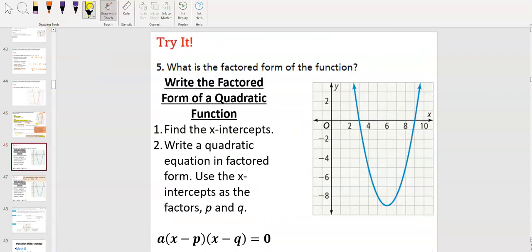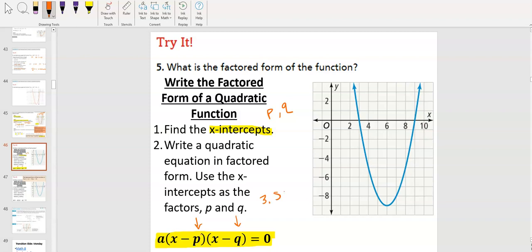So on this try it, you're going to do it on your own, but here are your steps. The first thing you're going to do is identify your x-intercepts on your graph. Then you're going to write it in factored form. And this is your quadratic formula in factored form right here. So all you've got to do is remember that your x-intercepts are P and Q. And then you're going to plug them into this equation down here and then solve for, I forgot step 3.